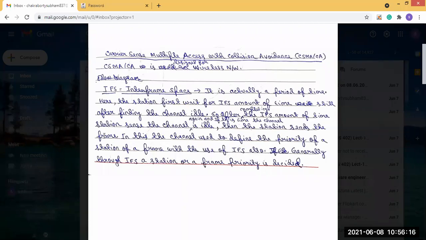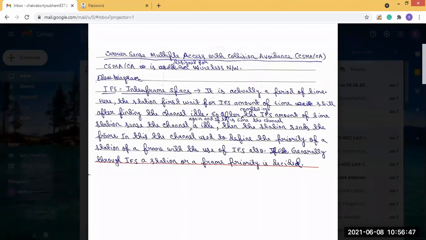But here, after sensing the transmission channel, if the station finds that the channel is idle, then also it waits for some time.